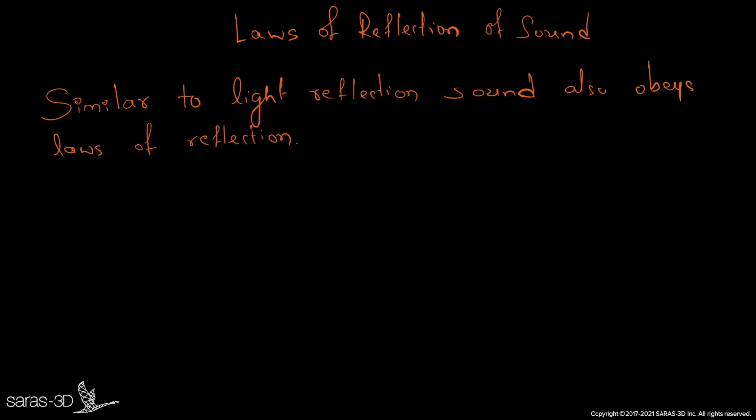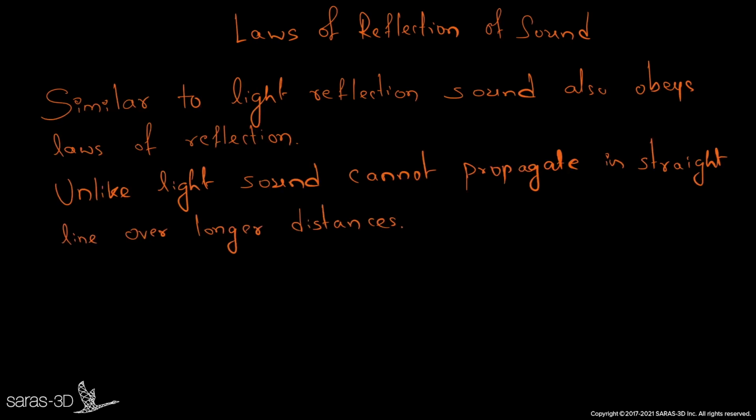Similar to light, reflection of sound also obeys laws of reflection, and we should not take it for granted that sound waves propagate only in a straight line. Whenever we have a source of sound, there will be a spread of sound waves in different directions, and when we say incident sound, it is with reference to the directing of sound waves through certain devices like a pipe.